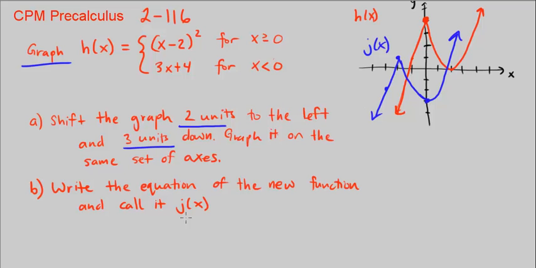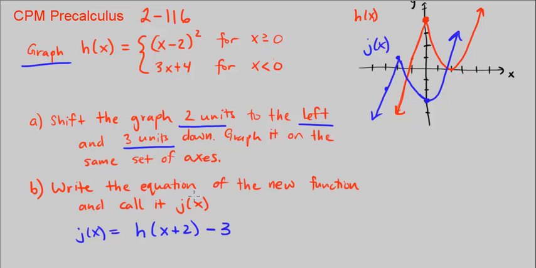Okay. So j of x then is equal to, let's write the equation. We know j of x is equal to h of x shifted 2 units to the left. So to shift it to the left, inside the parentheses, we add 2. That plus 2 shifts it to the left by 2. Down 3 is outside the parentheses, minus 3.